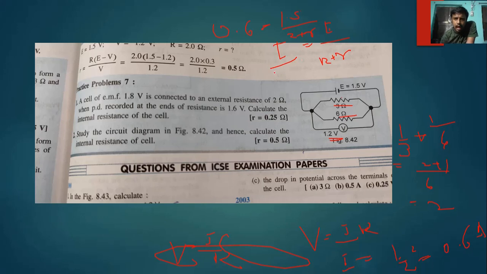So now r is given. 2 plus r would be 1.2 plus 0.6 r is equal to 1.5, and here 0.6 r is equal to 0.3, and r would be equal to 3 by 6 equal to 0.5. Okay, r is given as 0.5. So internal resistance of this circuit is 0.5 ohm.